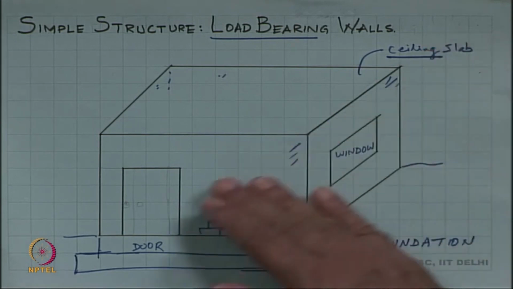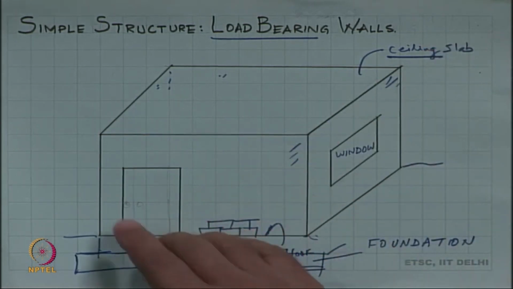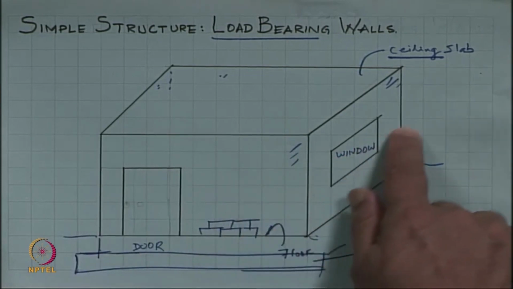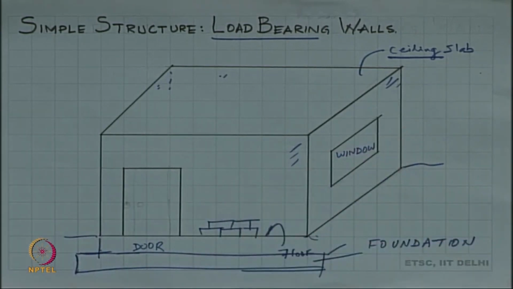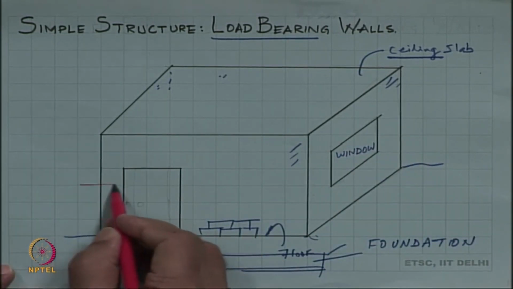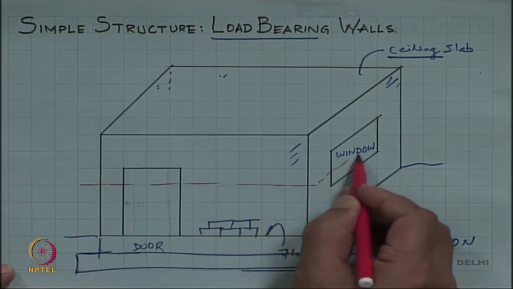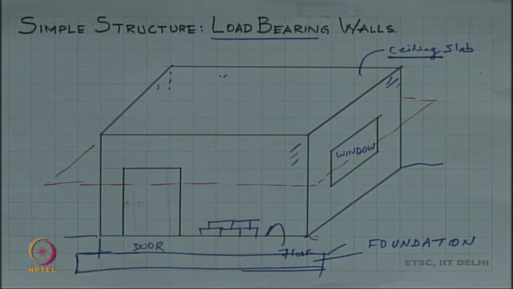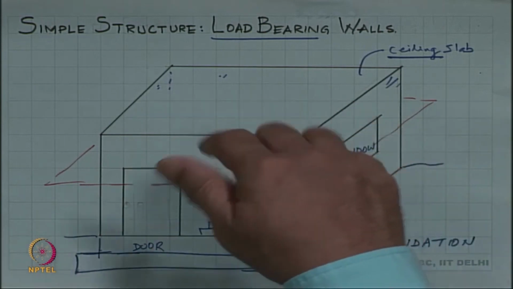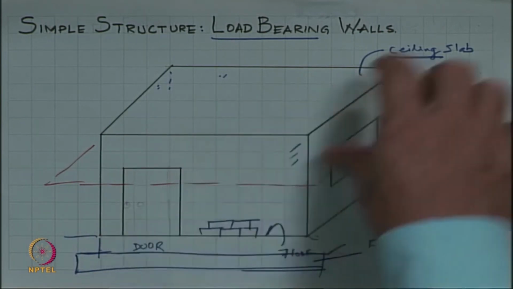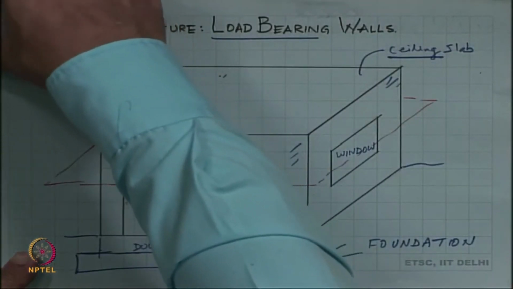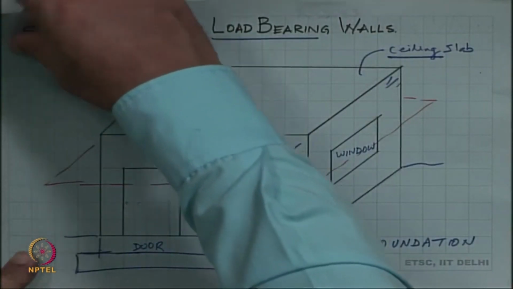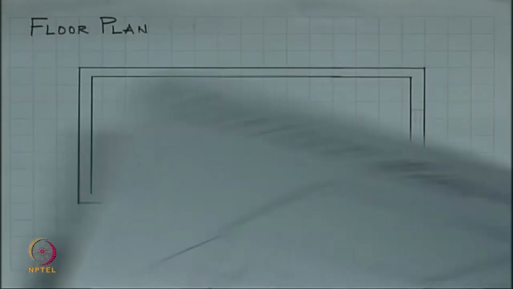What we are looking at is a plane cutting at some point here, a plane that would be something like this, and then if I see from the top what remains, how do I draw that? So, that is our floor plan.